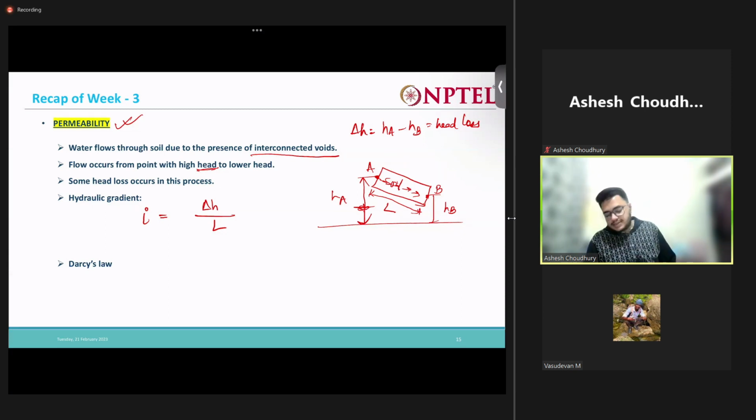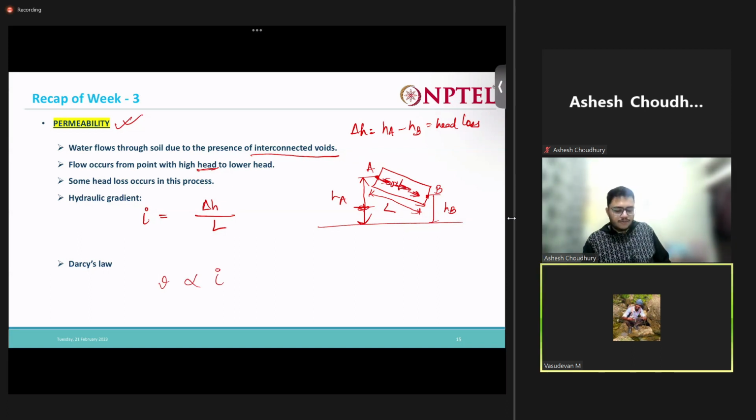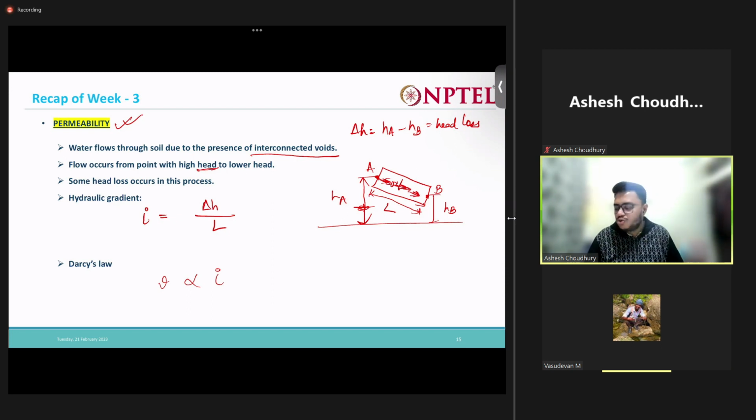Now let us come to Darcy's law. What Darcy's law says is that the velocity of flow of water is proportional to this hydraulic gradient. While water flows from a higher head to lower head, there is some head loss.